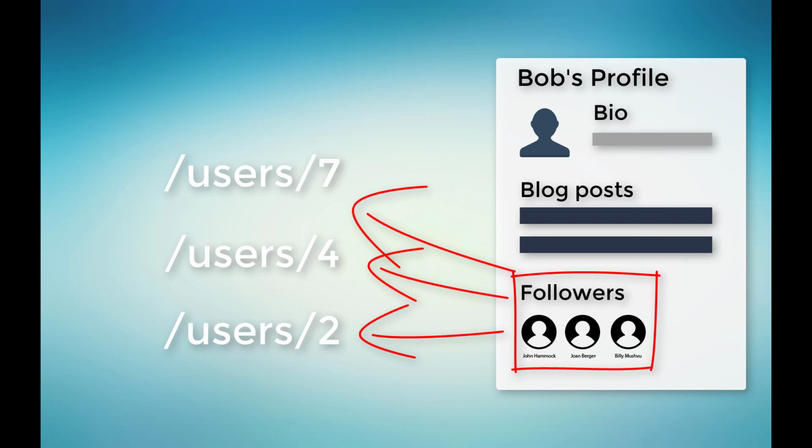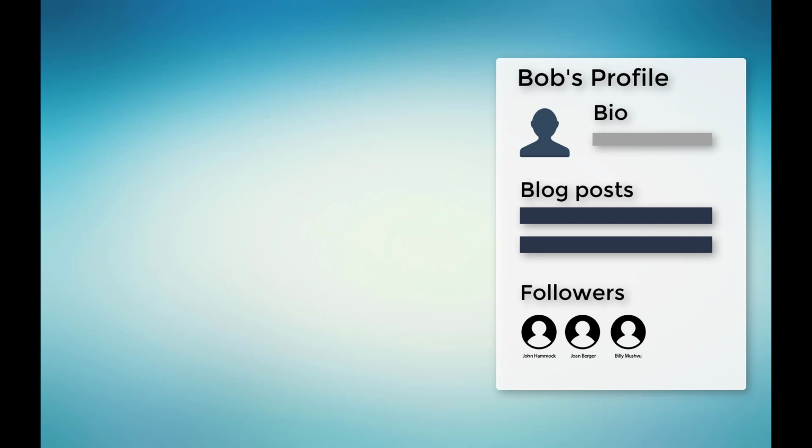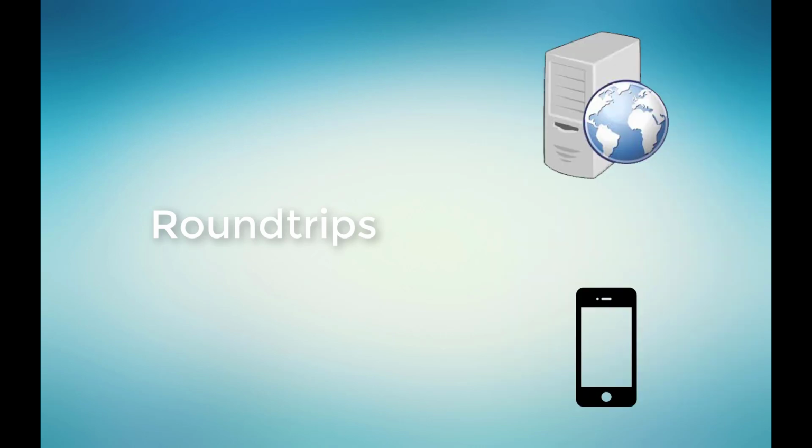And now, even though we only wanted the profile picture and the username from each endpoint, we also get each user's bio and even their followers also. Yikes. So this means we will be making a large amount of round trips to our API. Round trips means the motion of getting data from our server and going back to our server again, making new requests again, based on the data we got last time.